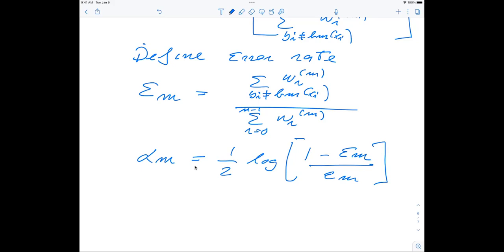So this goes back to the question before the break: if you classify everything correctly, then this term here is equal to 0. So that would be a typical if test you would have: if epsilon m is equal to 0, stop.